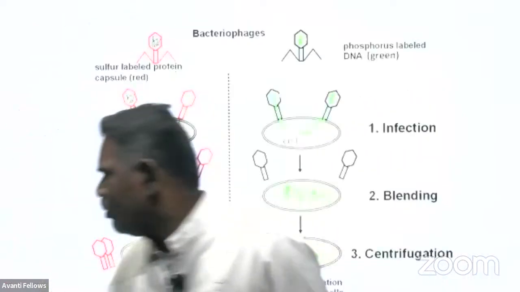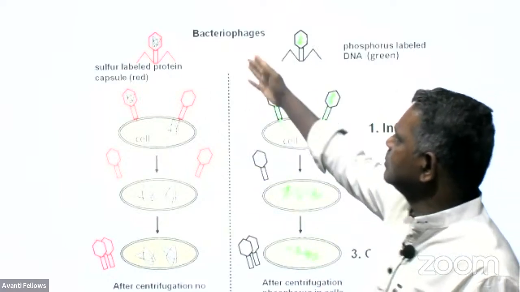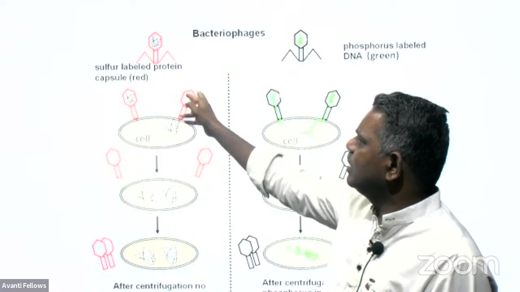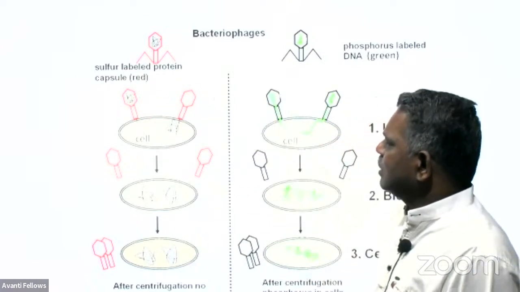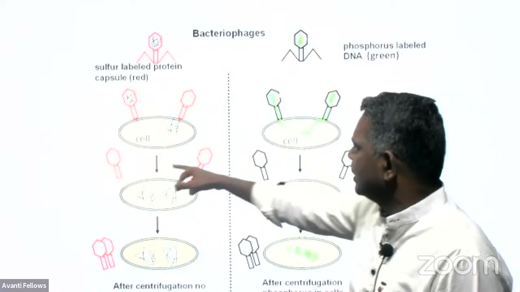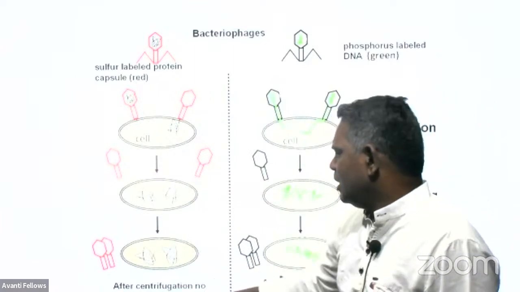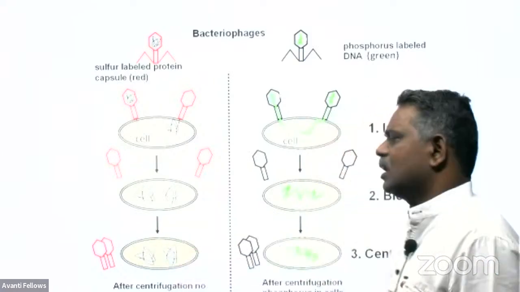Then we will move to another, the same thing mentioned here. This is the phage virus infecting the bacteria, and the protein is labeled here. It is given in red color, and it is the process of blending, separating this protein coat from outside, and after centrifugation, they didn't find sulfur inside the cell.